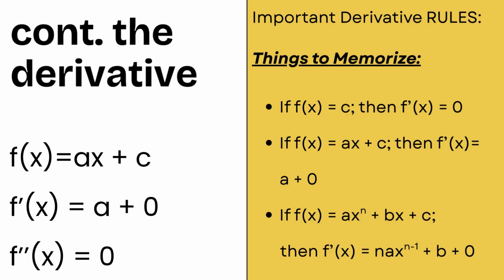Then, here's another thing. If f of x is equal to ax to the power of n plus bx plus c, this is basically the structure and format for mostly any polynomial function you're going to see when it's given to you. For any polynomial function, the first derivative of that function would be the power, n here, times the beginning of the function, and then that power gets subtracted by 1.